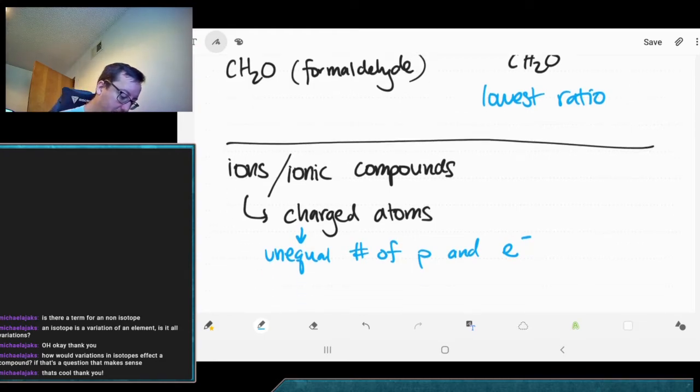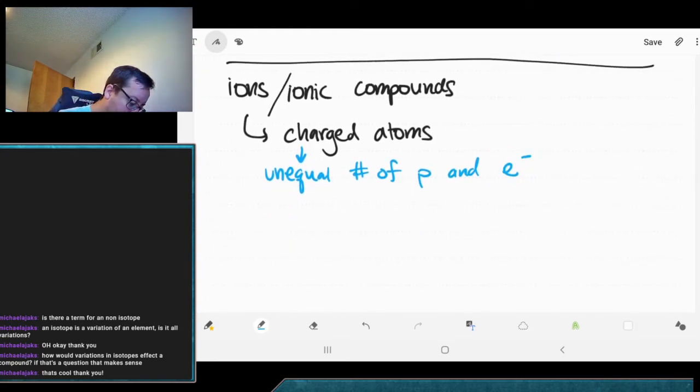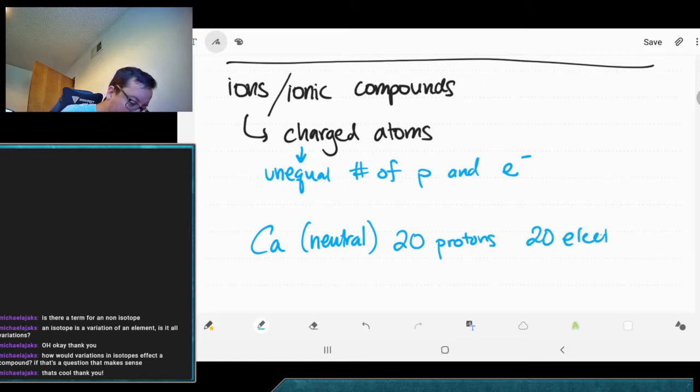So for example, if you have calcium, if calcium is neutral, it will have 20 protons and 20 electrons.